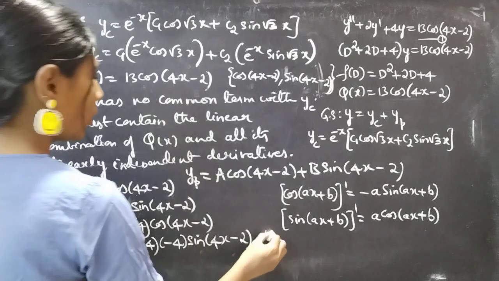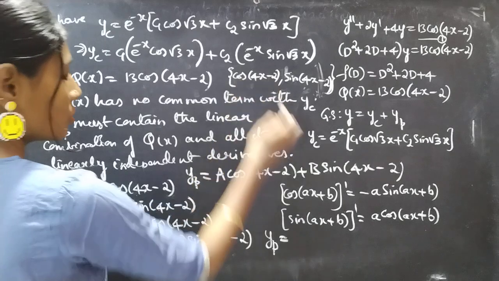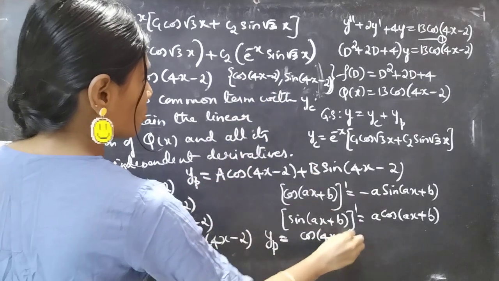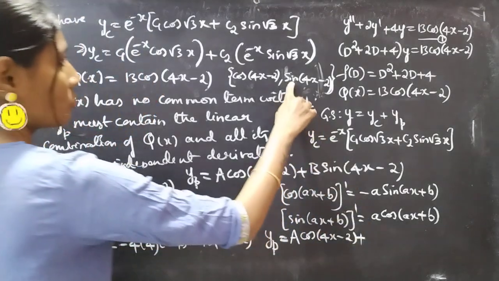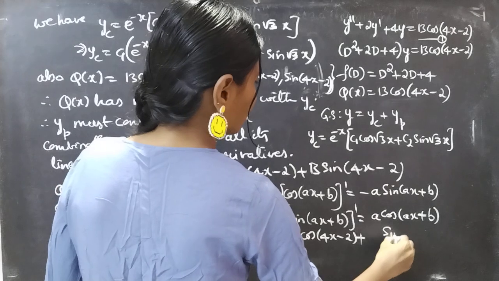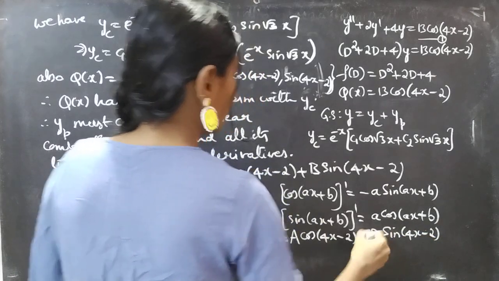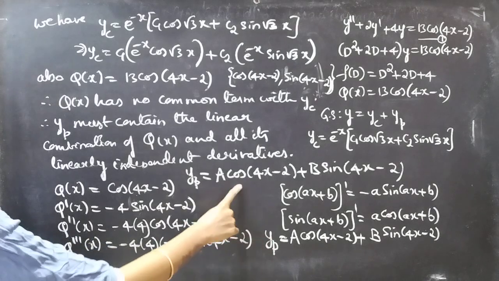Okay, yp equal to, I'll take the first term, say cos of 4x minus 2 with some coefficient, say a, and the next term sine of 4x minus 2 with some coefficient, say b, which is the yp formula. See, you got the same thing, right?